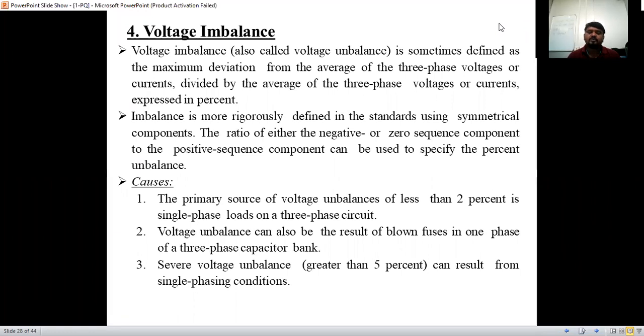Your house is a load for the electricity board. You are going to add some load, and that load is 3-phase load or single-phase load. All of you are using an iron box.